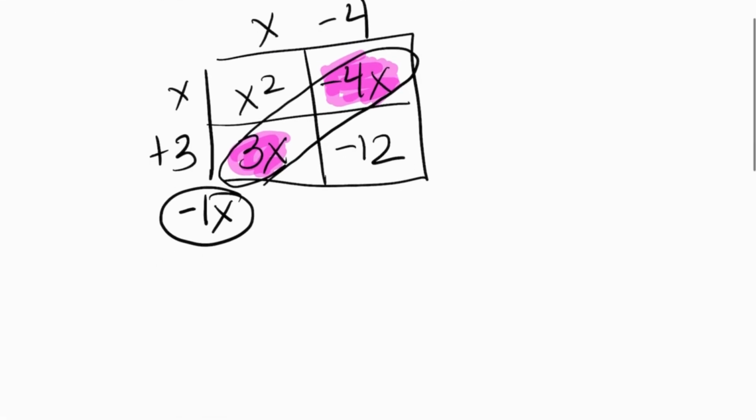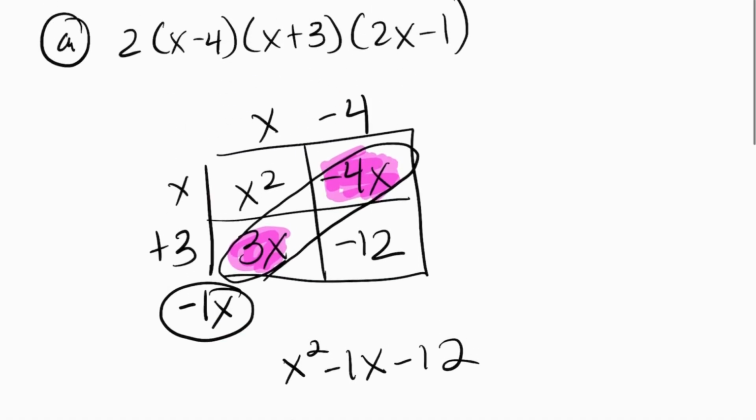So at the end, we're going to have x squared minus 1x minus 12. That's the result of multiplying x minus 4 and x plus 3. So when we multiply these two here, we got x squared minus 1x minus 12.